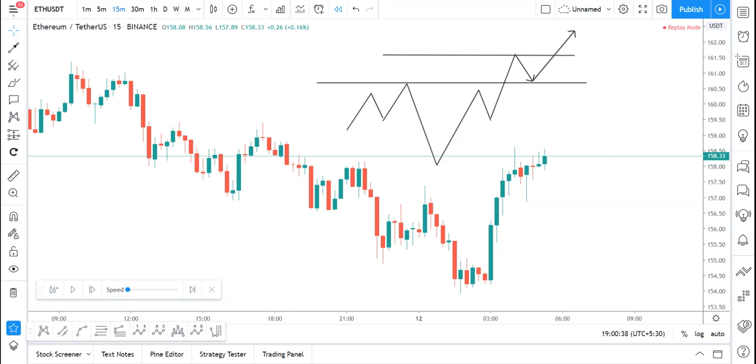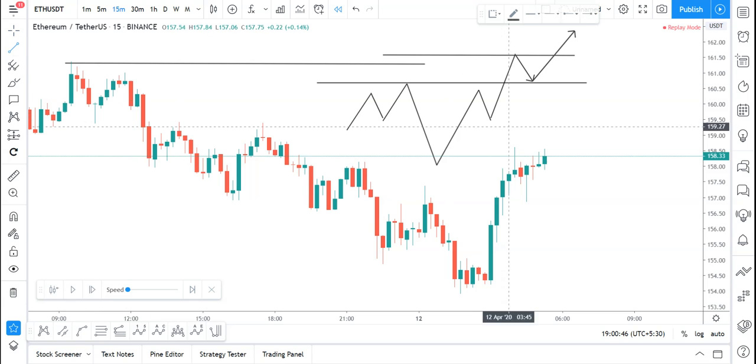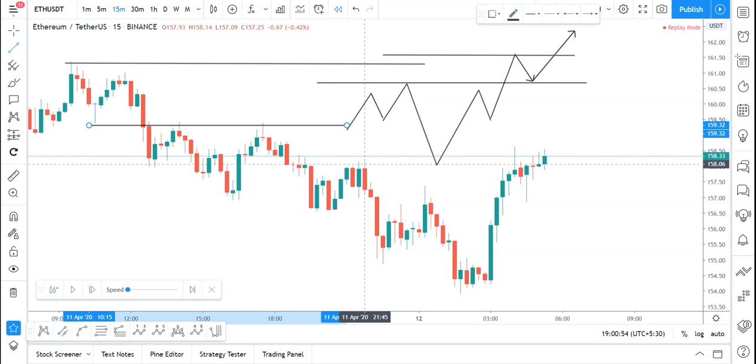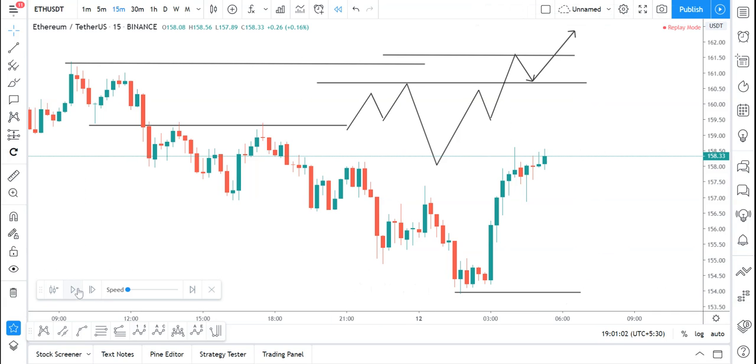So in this case, this is a resistance here, and this is another resistance you can see. And if we move down like this, we cannot call this any resistance right now, but we can call this a support. So let's see what happens next.